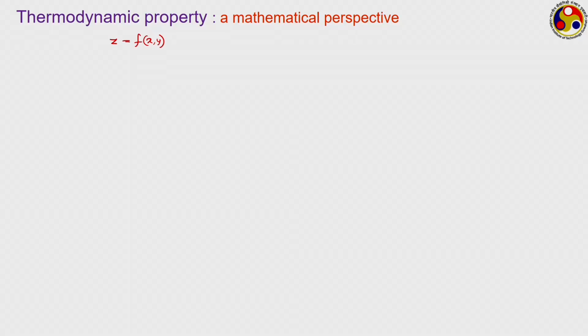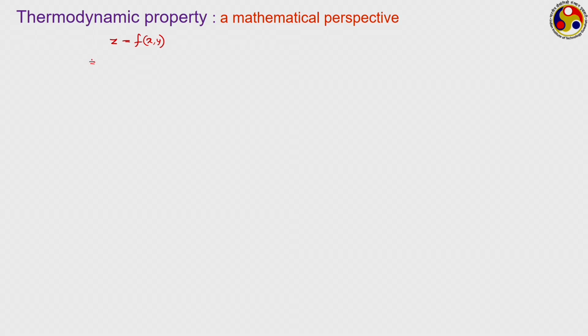That is, once we specify two independent intensive properties, all other properties of the system at that particular state can be calculated. So, in this module actually we are looking to calculate those property relations or certain of those property relations. So, here x and y represent two independent intensive properties, and we are trying to develop a way of understanding whether z is a property of the system or not.